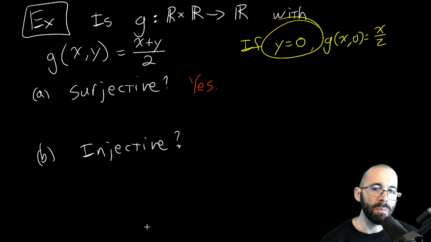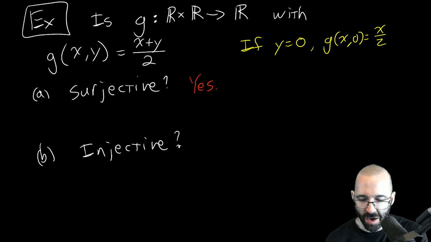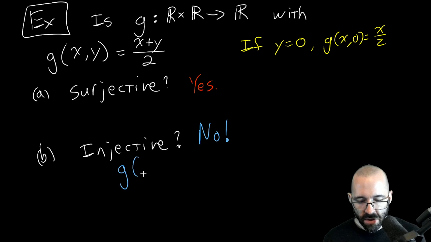Does every different input have a different output? No, this is badly failing this requirement, right? So it's not injective. Because, for example, g of 1 comma 2, that's equal to 3/2.